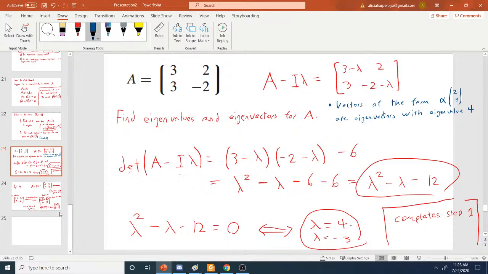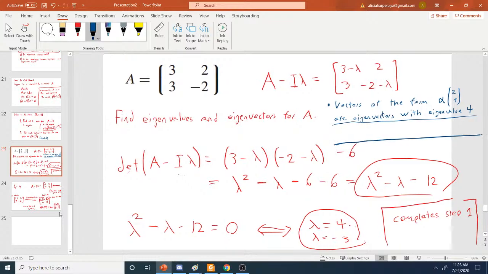And now the other thing we have to do is consider the eigenvalue -3.